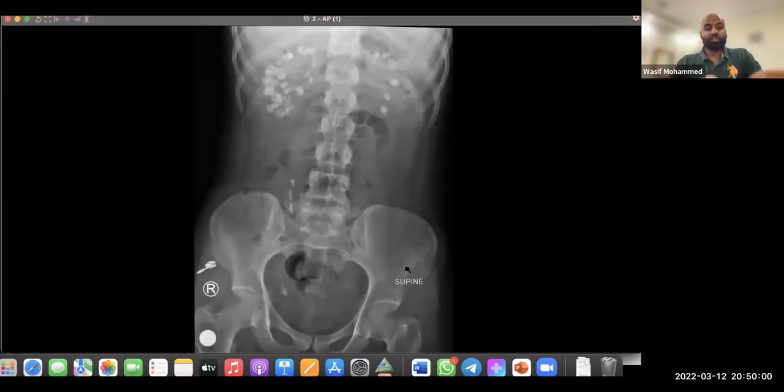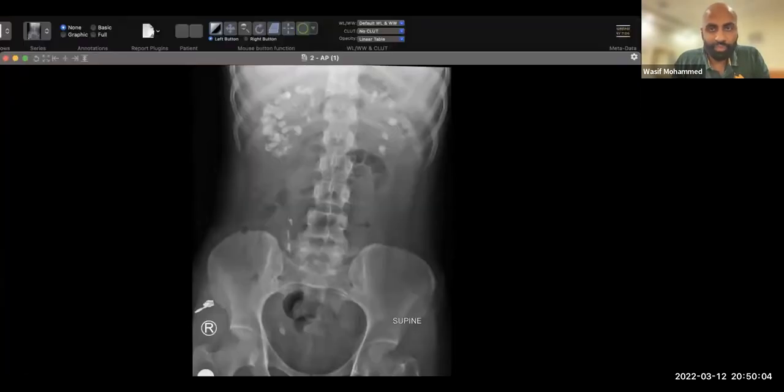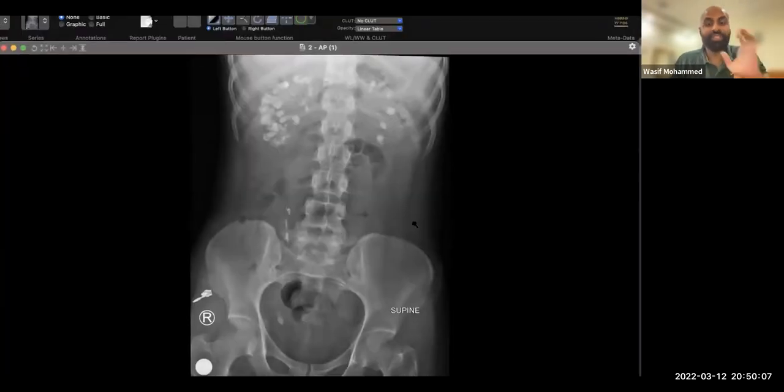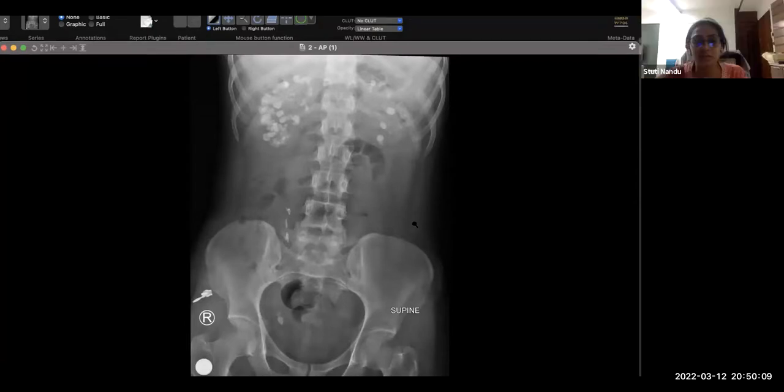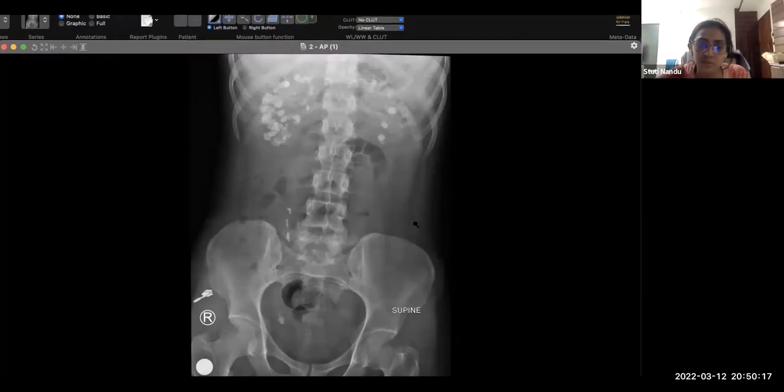So this is your first case. I'm provided with a frontal radiograph of the abdomen. I can see that there are multiple rounded radio-opaque densities seen bilaterally, predominantly overlying the renal shadows.